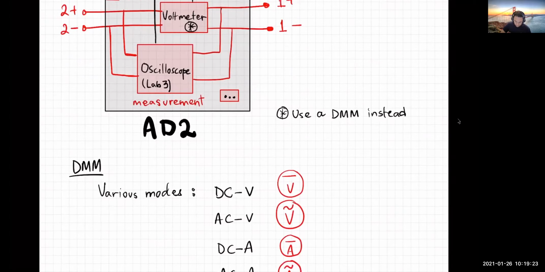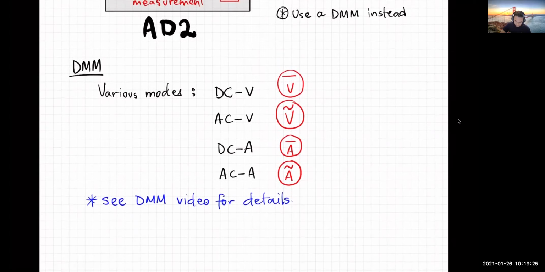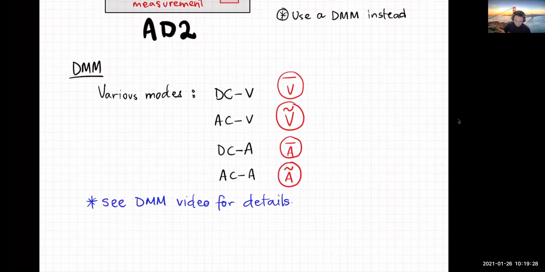The DMM has different modes that you've already explored in Lab 1, but in this lab what will be new is the AC voltage and AC current features. These will measure the RMS of the time varying signal.